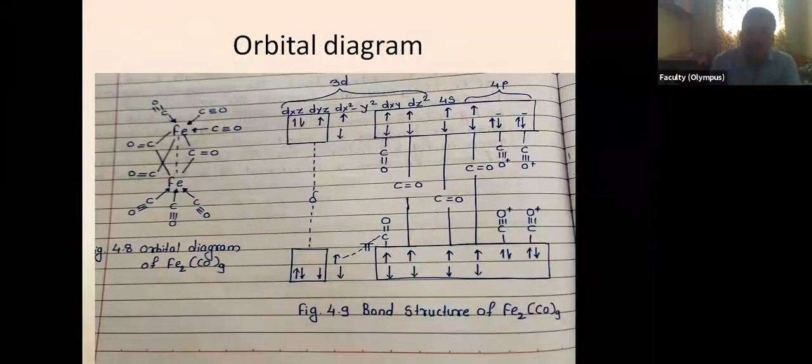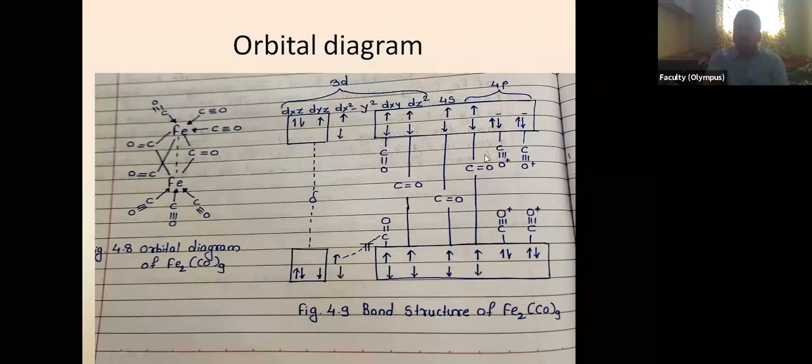The geometry of that type of hybridization is octahedral. But here dxy and dz square, these two orbitals, are taking part in hybridization.